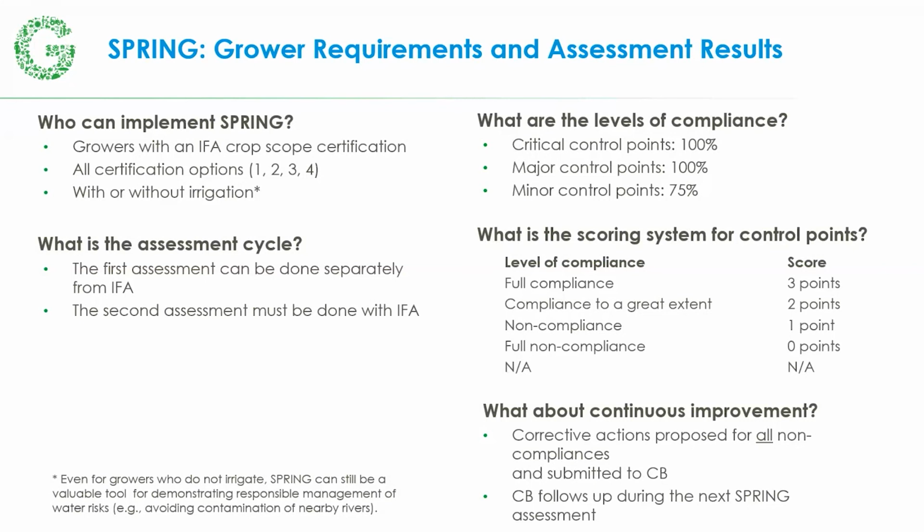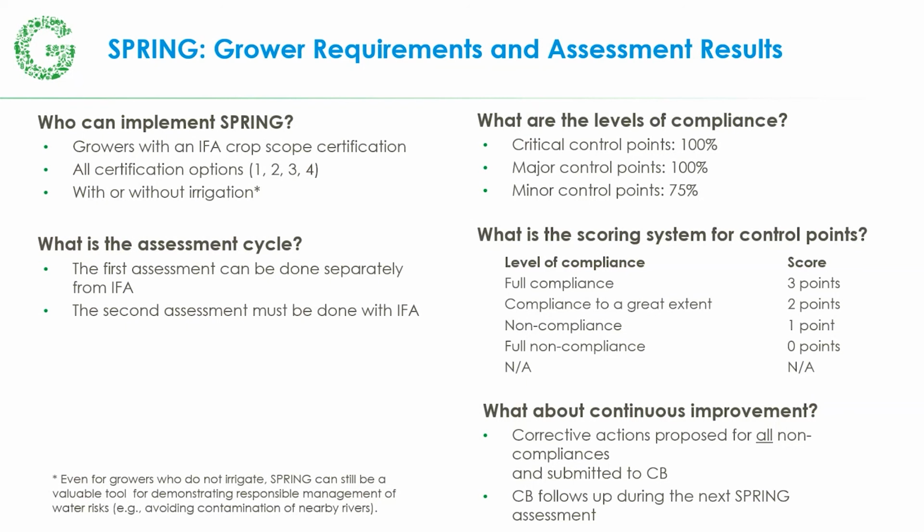About the cycle, the first assessment of spring can be done together with GLOBALG.A.P., with IFA or crop for processing, or at a different moment. We give this possibility because sometimes the producer received the IFA assessment 2 months ago, and they receive the request for spring now, and they want to ask for spring this year.